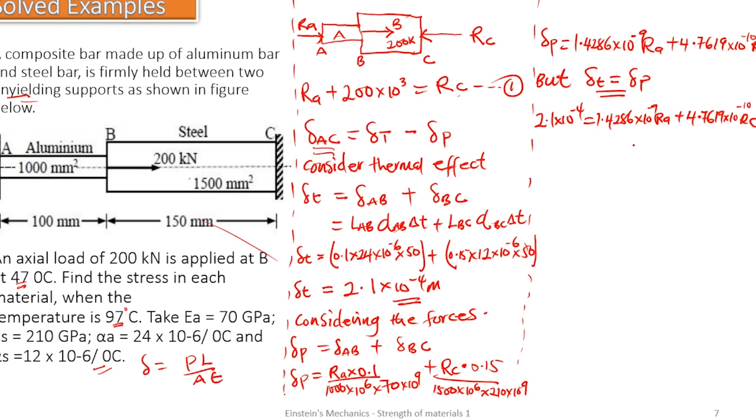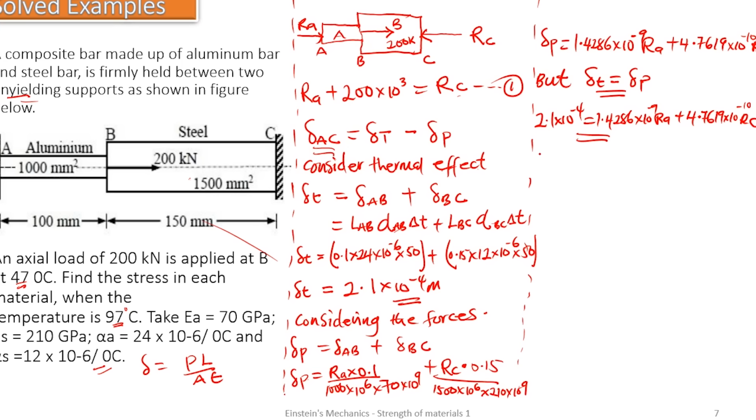We have another equation, equation 3, in terms of RA and RC. We can find the reactions from equation 1. We can bring RC from equation 1 into equation 3 to find RA.